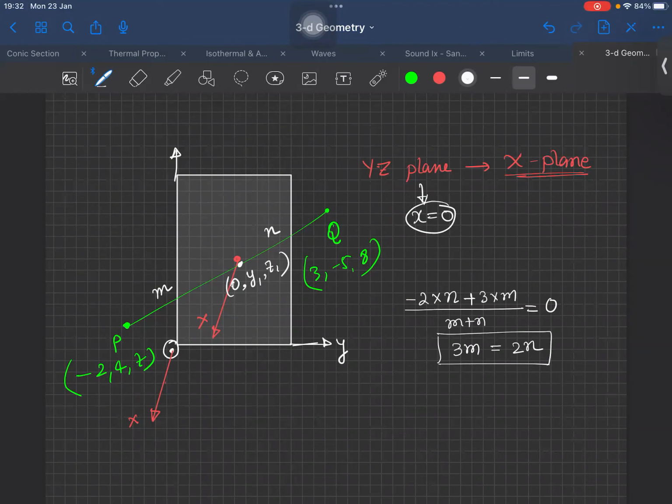Now we know that (-5 into M plus 4 into N) divided by (M plus N). Wait, XY plane, when we are talking X, Y. Something is wrong. Let me check one more time.